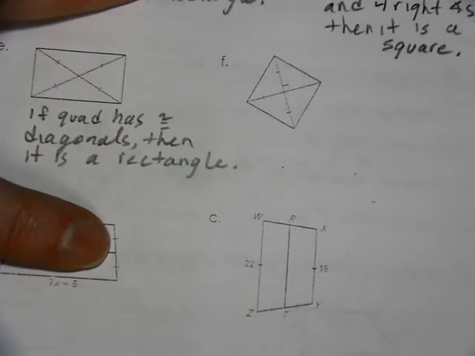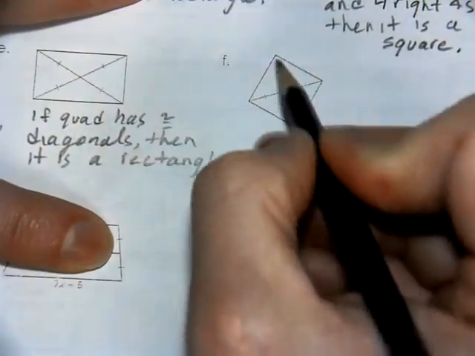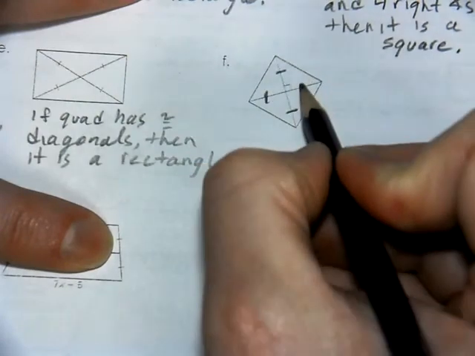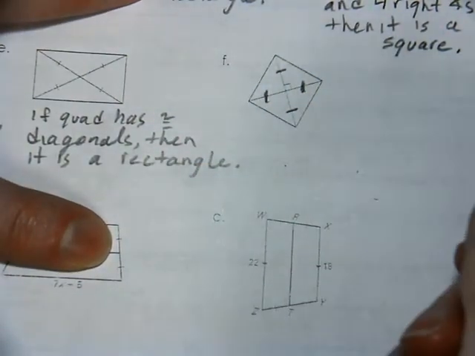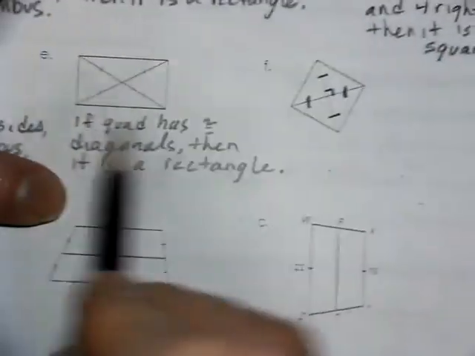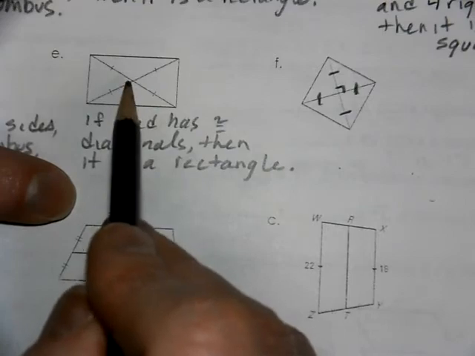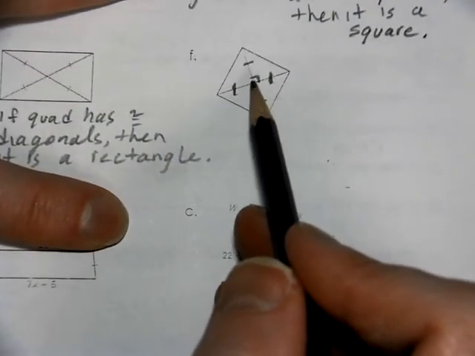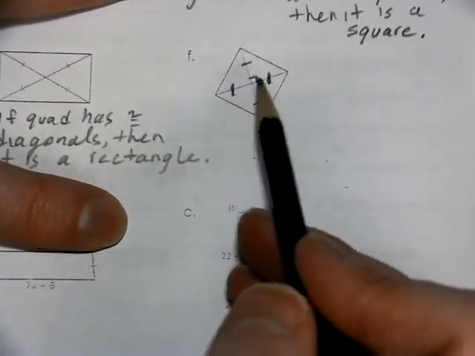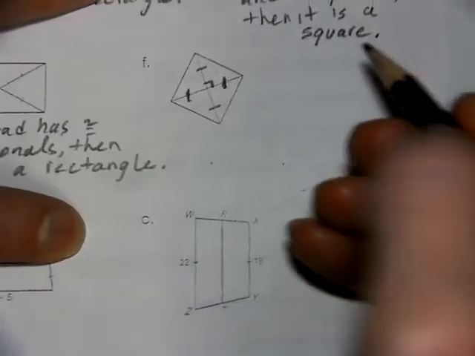Alright. Here, if you look carefully, the diagonals bisect each other, which is making them the same length, and they're perpendicular. That didn't happen here. The diagonals are the same length, but they're not perpendicular. Here, the diagonals are the same length, which makes it a rectangle, and they're perpendicular, which makes it a rhombus.